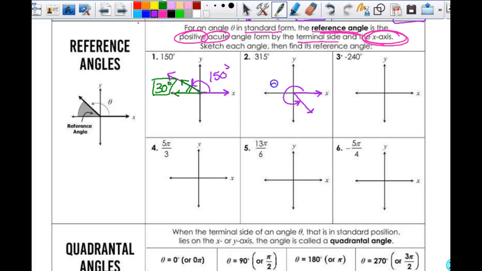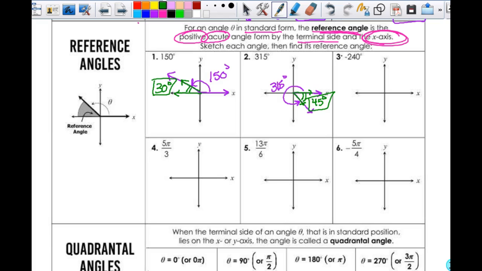This is 315. So then this is my reference angle right here. Because I asked myself, when I'm graphing it, how much more do I have to go so I know where to put it, when you ask yourself those questions, you come up with the reference angle. Well, it's 45 more degrees there to get to the x-axis. Okay, everybody okay with that?